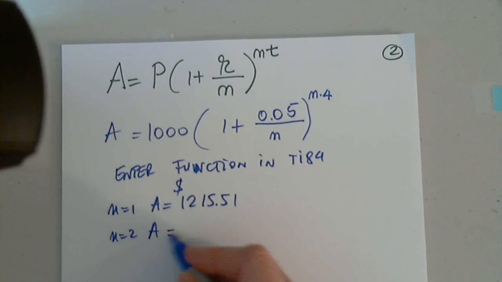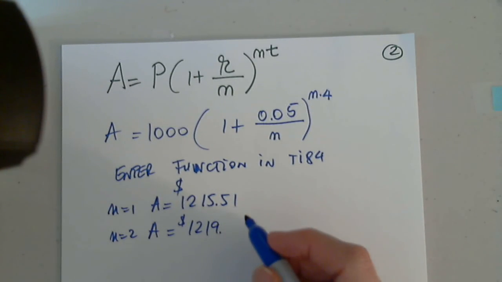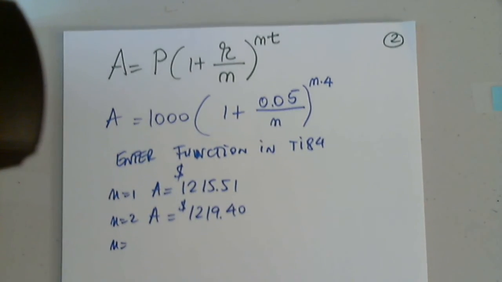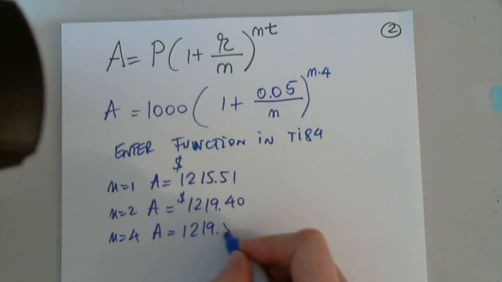For n equals 2, scroll down, dollar sign 1219.40. With n equals 4, A equals, go down 1, A equals 1219.89.